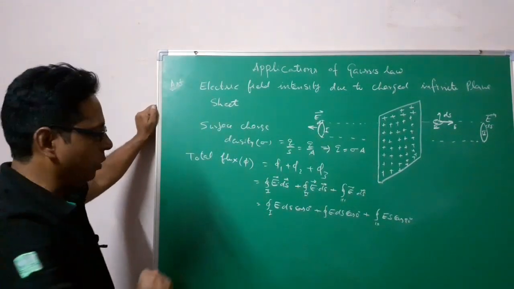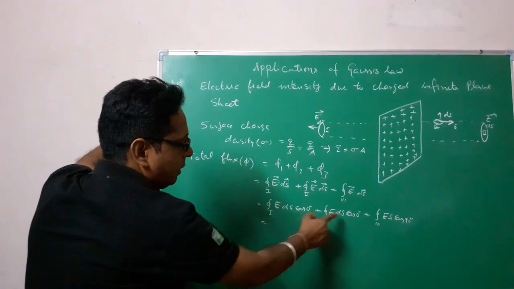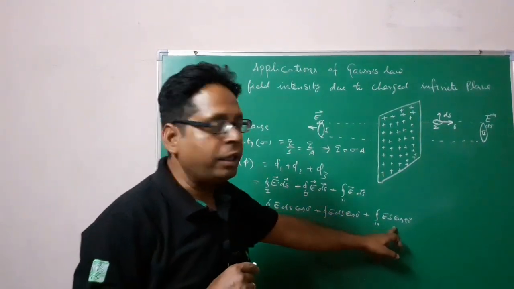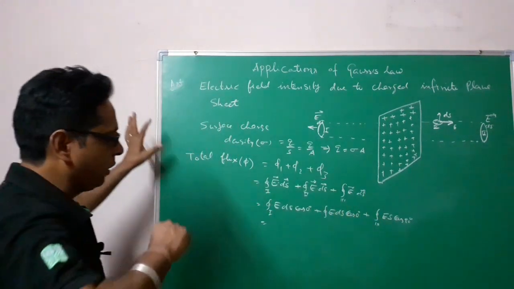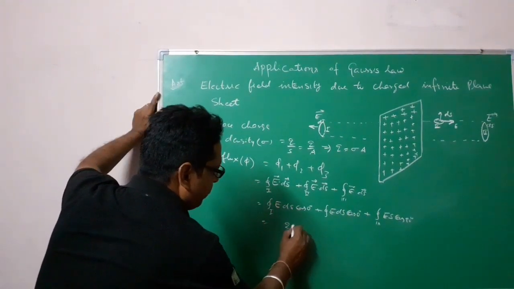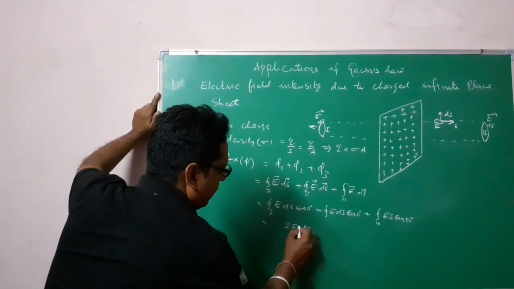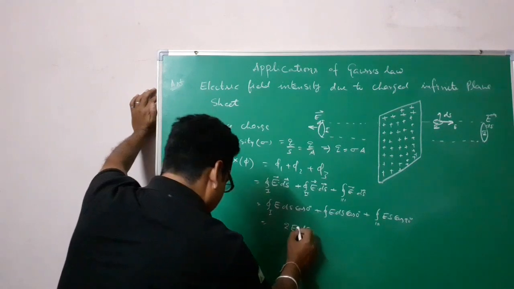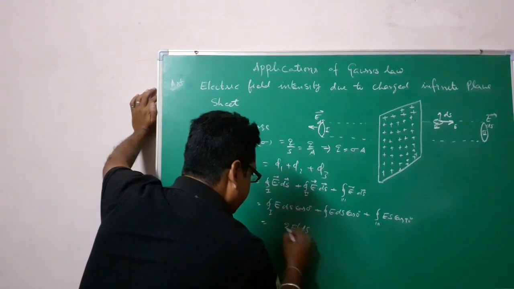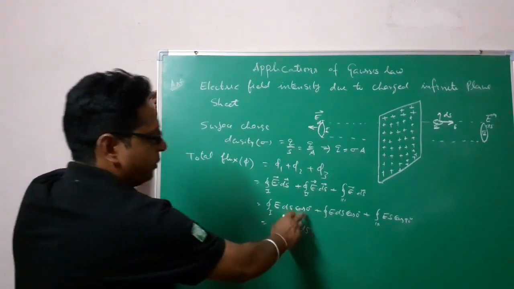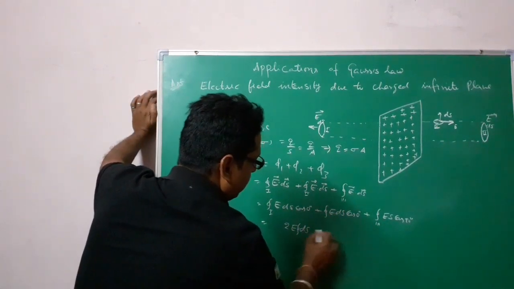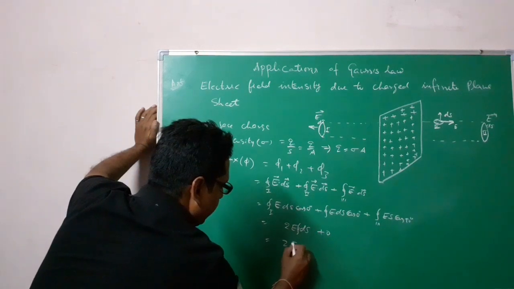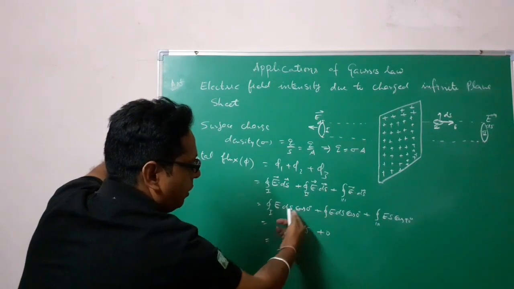So this is E ds, because cos 0 is 1, and the third region has 0 electric flux. So this is 2 times the surface integral of E ds, and the third region is no doubt 0. So this is 2 times E, because they are the same.